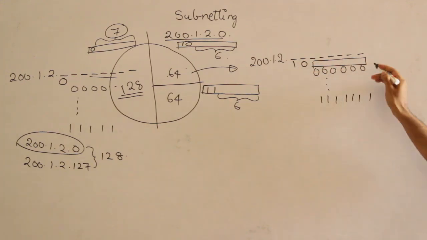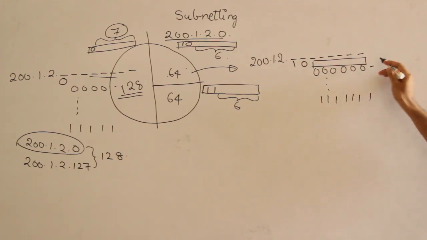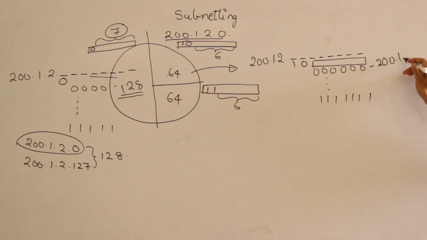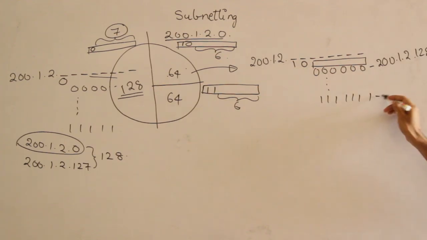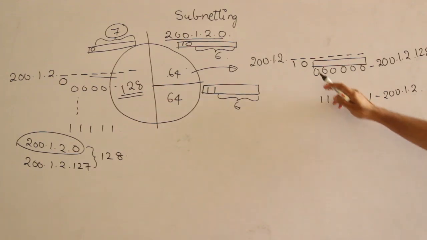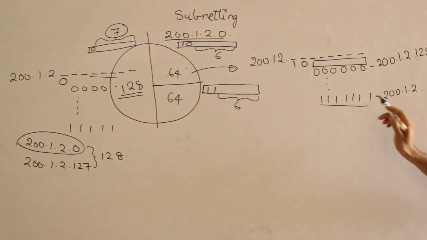Now the first IP address is nothing but 200.1.2.1 followed by 7 zeros, which is 128, and the last IP address is nothing but 200.1.2.128 plus 63, which is 191.